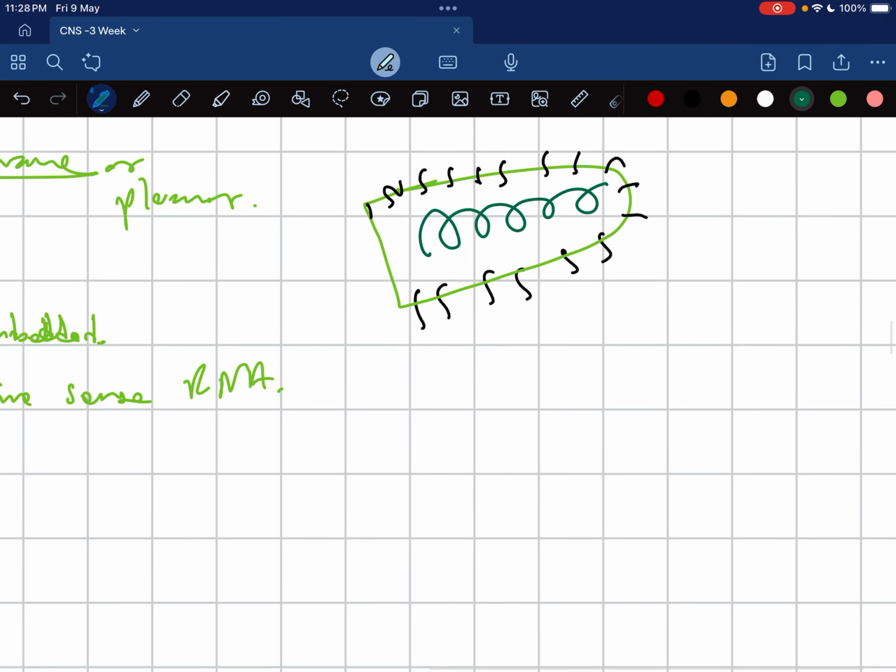It is also a lipid bilayer, with negative sense RNA, and there is matrix protein.